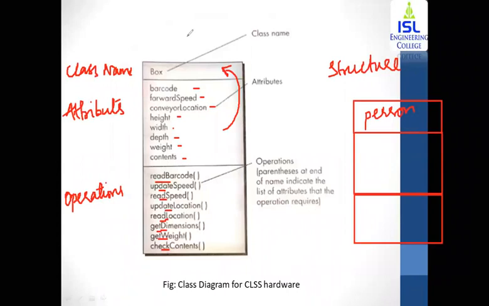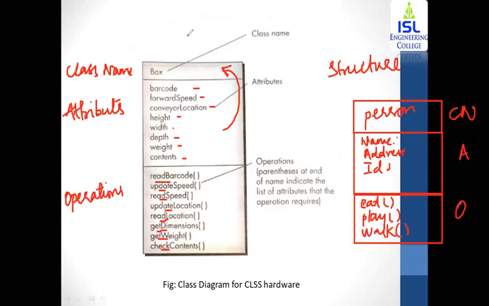Now what are the different attributes the person is going to have? He's going to have his name, he might have his address, he might have some ID. So these are the different attributes for the person. Whereas the operations the person is going to perform is, he's going to eat, is going to play, walk, these are different operations. So the first one is your class name, second is attributes, third is your operations. One simple example for class diagram.